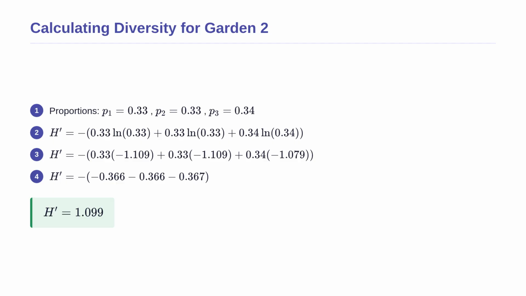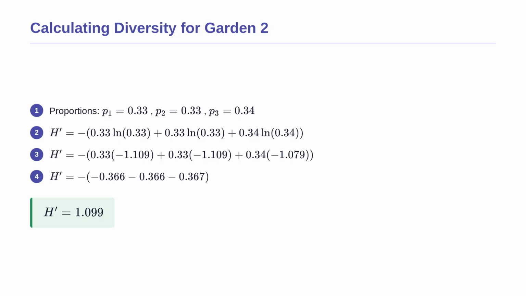We will now calculate the Shannon-Wiener index for this second highly even garden. First, we divide each count by the total of 100 to get our new relative abundances: 0.33, 0.33, and 0.34. We set up the equation just like we did in the previous example, multiplying each new relative abundance by its corresponding natural logarithm.